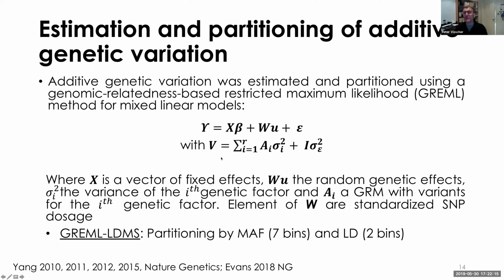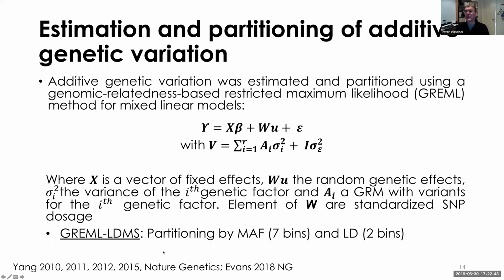And we can partition this as much as we like, although the more we partition, the larger the standard errors of the individual variance components will become. So this method, we named it LDMS, for LD and MAF stratified estimation of genetic variance. And that was published in a paper in 2015.